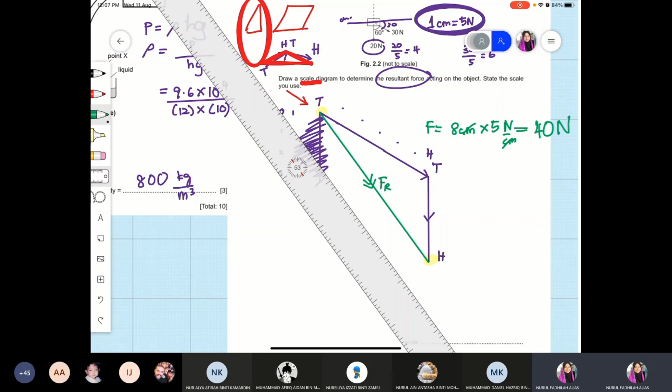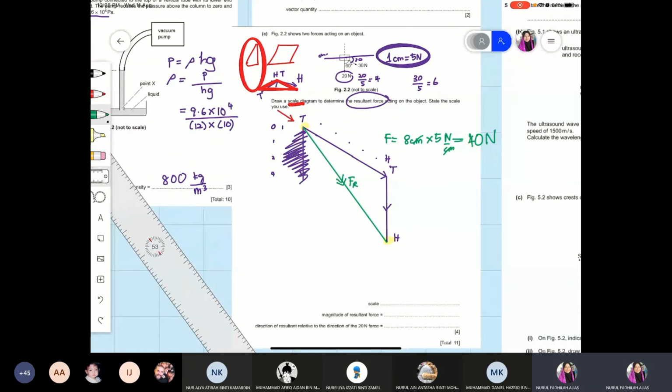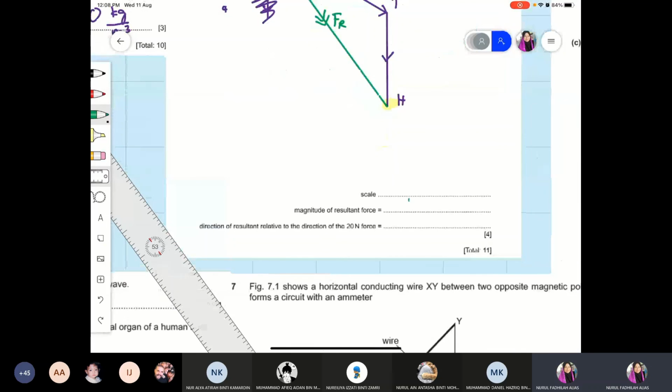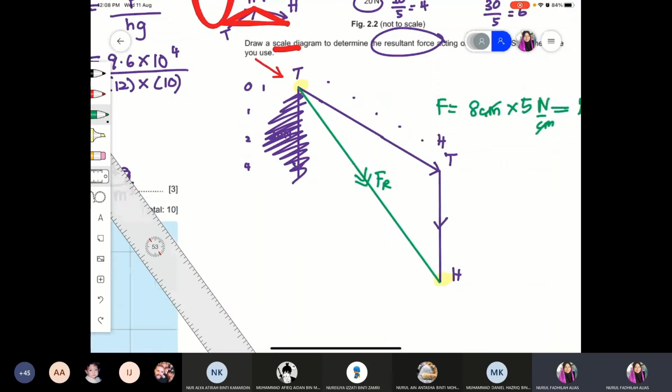So this is how you do it. So the first step, how many marks is this? Many marks. But it's not enough to give only the 40 Newton. If you look at the question, the magnitude I got is 40 Newton. So what's the direction? Looking at this, this is my starting point.